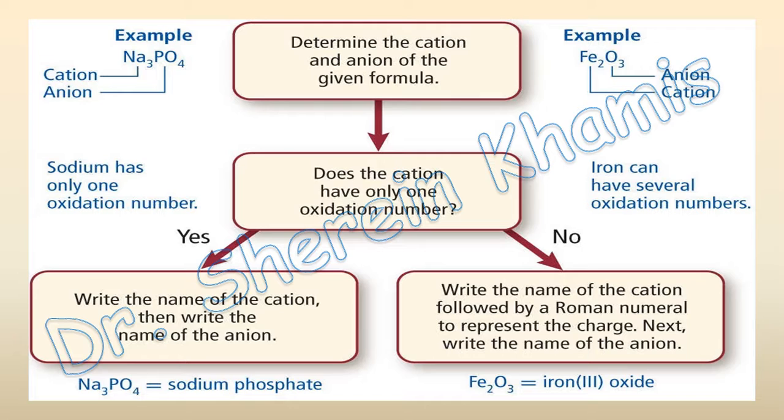Instead of positive ion, we use the word cation. So we have a metal. Yes, it is a metal that loses one, two or three electrons during the chemical reaction. So it forms a positive ion, and we call it a cation.